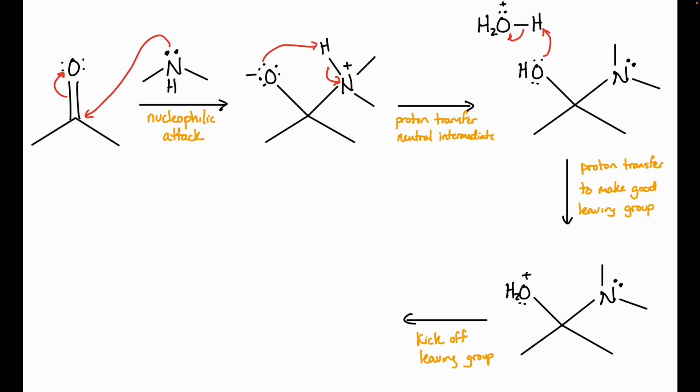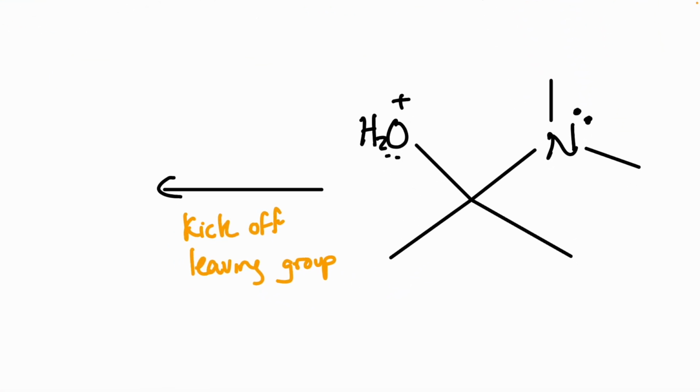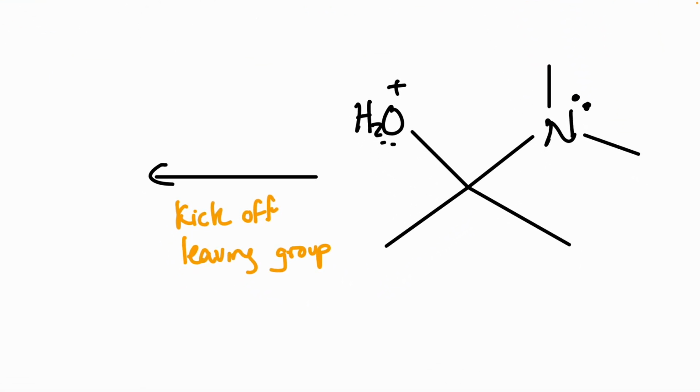All right, so where does that impetus come from to kick off that good leaving group? Right, the call's coming from inside the house on this one here. It's within that molecule itself. That lone pair on that nitrogen is going to come down and kick off that water.